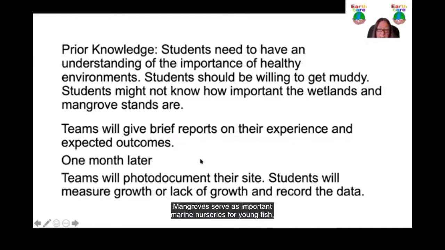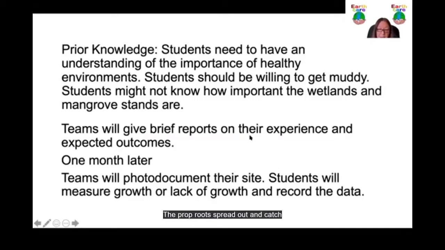Mangroves serve as important marine nurseries for young fish, crustaceans, mollusks, and invertebrates. They're the first home to many of our economically important breadbasket fisheries products: fish, lobster, crab, conch. Mangroves also protect our islands from the destructive effects of storm surge and hurricanes. Also, they build land.